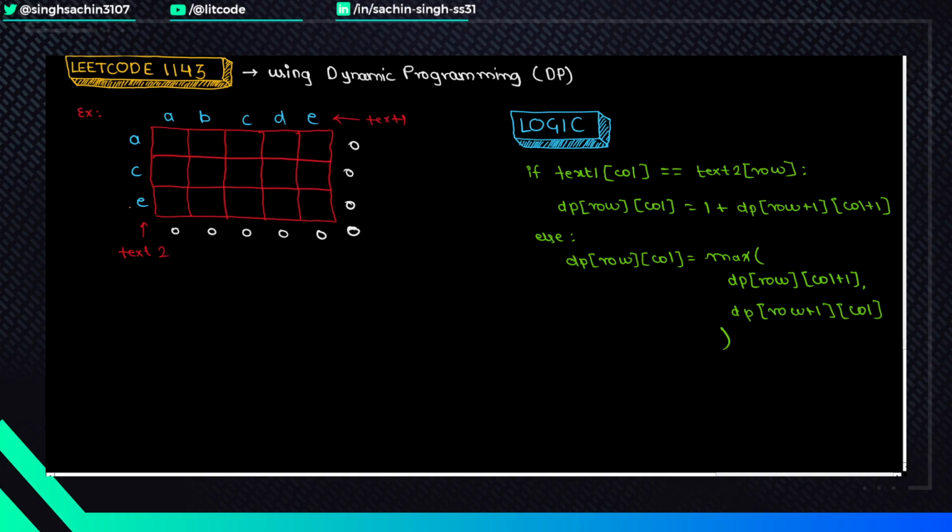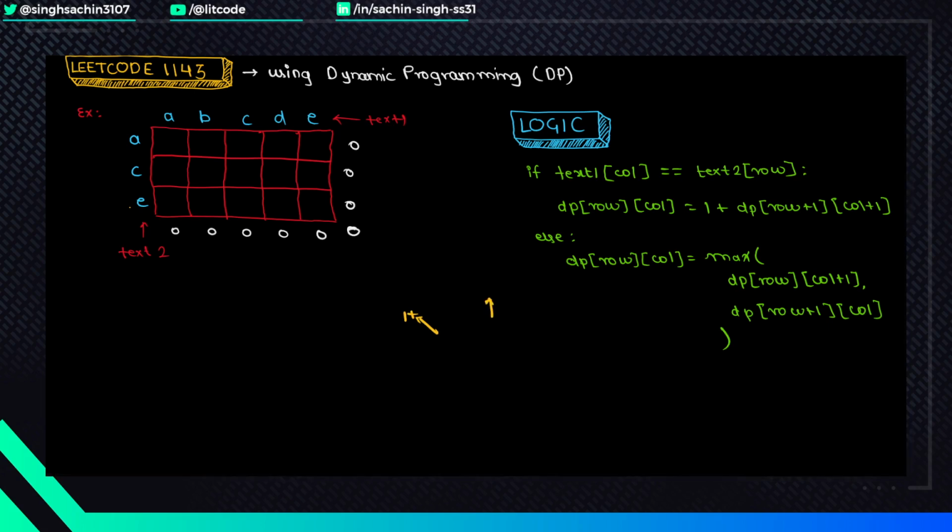If we have the same character on both the strings, we will take the diagonal element and add 1 to it. Otherwise, if the characters are not the same, for example D and C are not the same, then we will take the maximum of the row above or the next column basically.